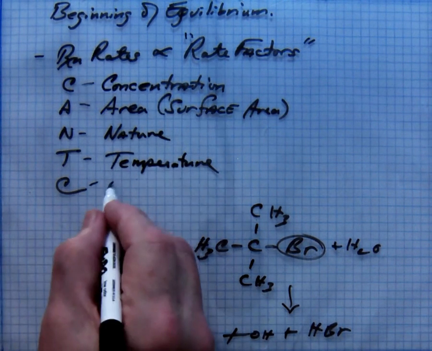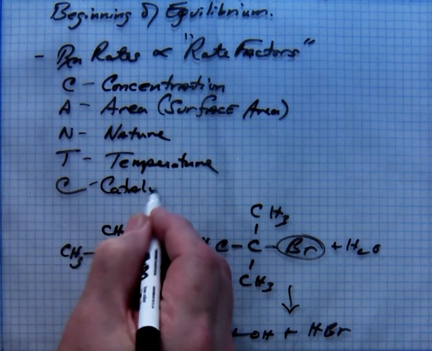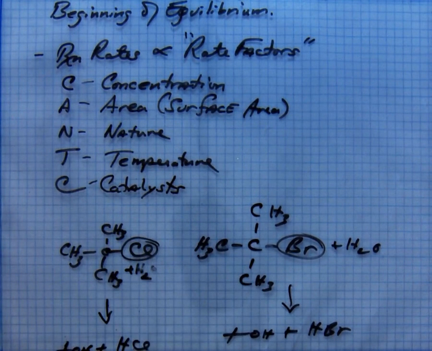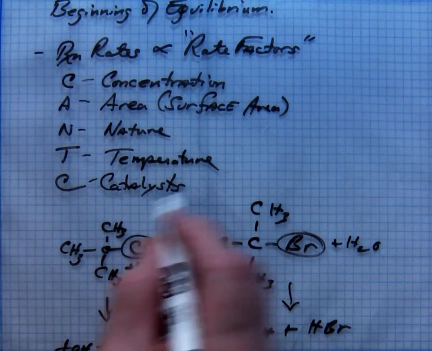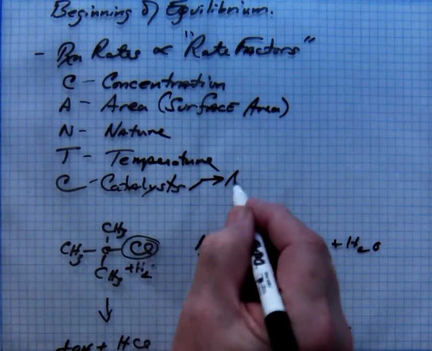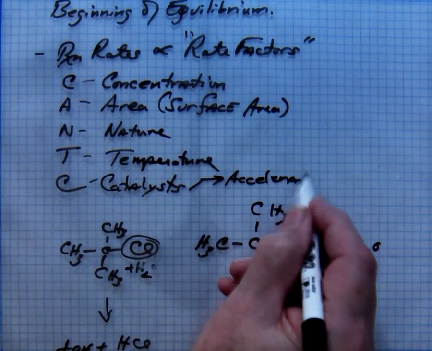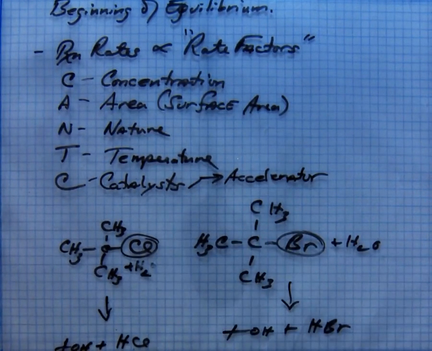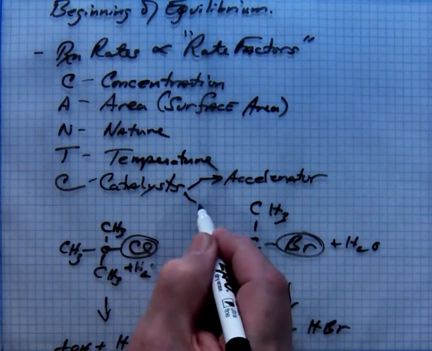And finally, catalyst. Catalysts are independent chemicals that, when added to a reaction process, affect, A-F-F-E-C-T, the rate of reaction. There are two kinds of catalysts: accelerators and retarding agents.